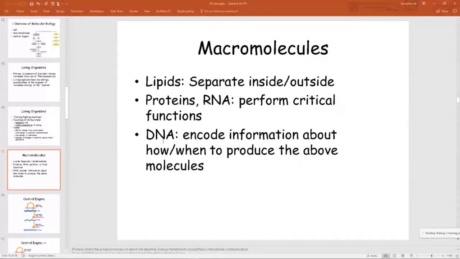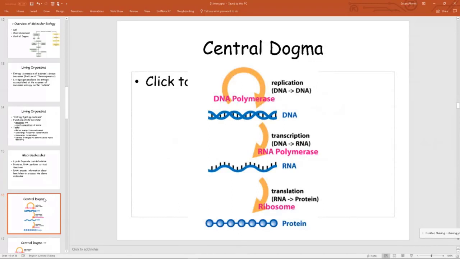Proteins are the main functional molecules, but RNAs can also work as enzymes. Okay. DNA is responsible for encoding the information about how and when these other macromolecules are being produced. So DNA is mostly for encoding the information. Proteins and RNA are for performing these functions that are encoded in the DNA. And the main functionality of the lipids is to provide separation of the cell from its environment. The DNA is transcribed and translated into protein.